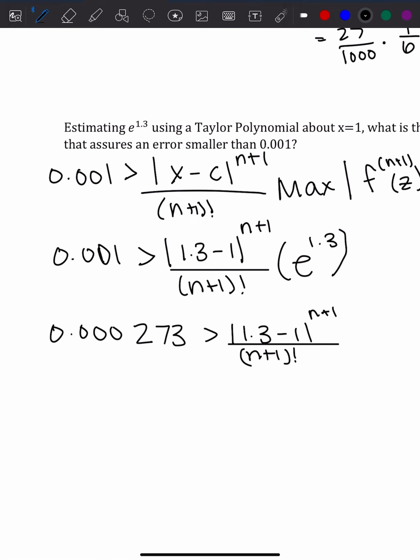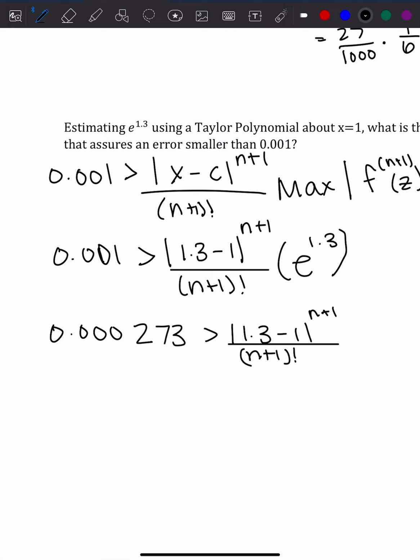So guess and check is going to be the fastest way to do this. We need to remember that n has to be a positive whole number: 1, 2, 3, 4, 5, and so on. We also want the least degree polynomial, so we need to check at least 2 numbers, one that works and one that doesn't, so we can see which one is good for us.